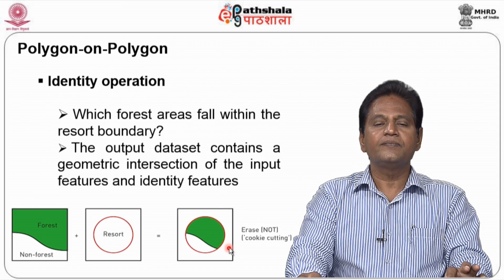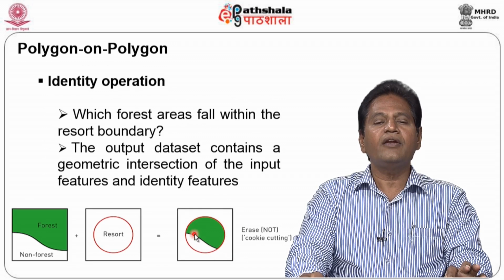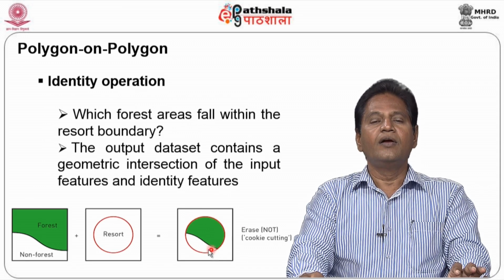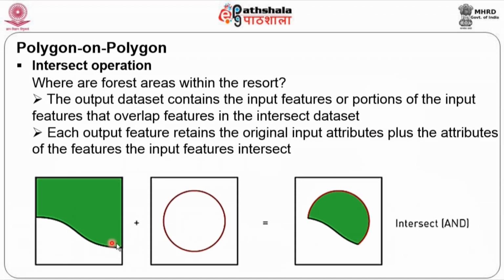So this much of forest area is falling within your resort. This sort of analysis is the identity operation. Of course, for the intersect operation, you would just try to split that. So this is an independent layer, the forest map, this is a resort layer, and you want to intersect, and you just give an and.